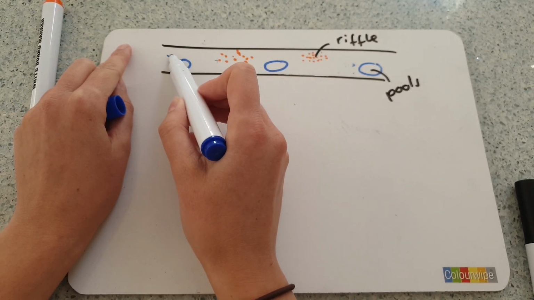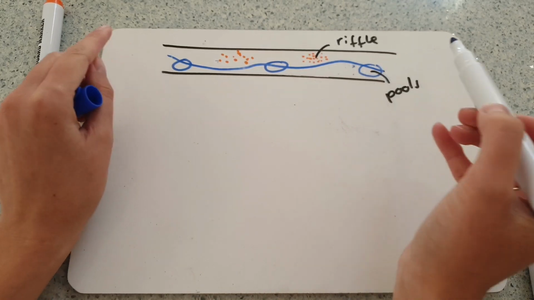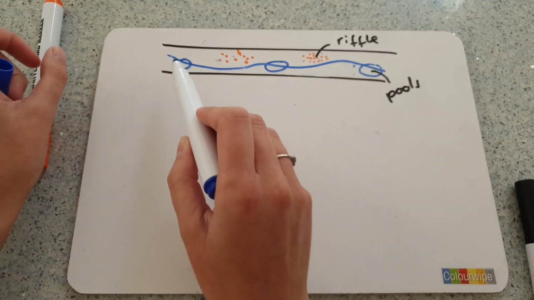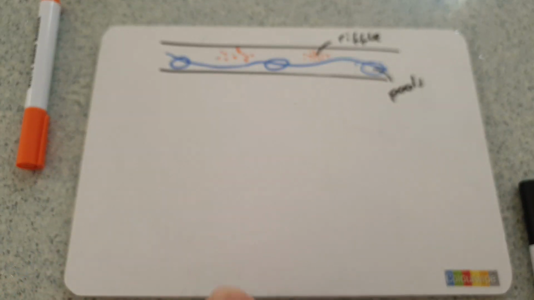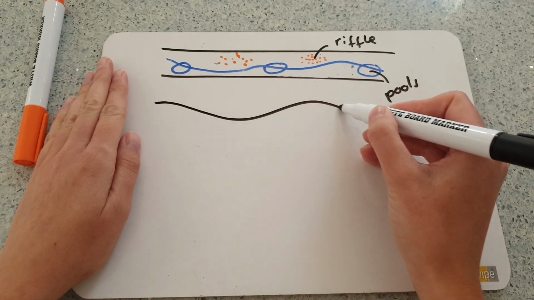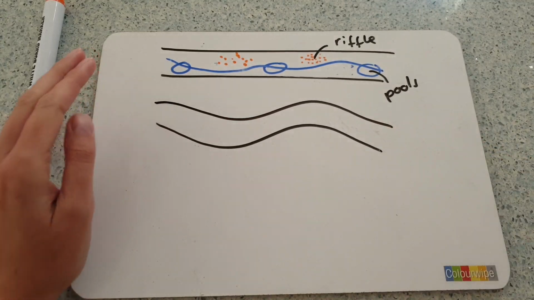So it might flow a little bit like this. It will try and avoid these riffles and go through the pools, so it starts to bend. And then you'd end up with a river that looks a little bit like this.